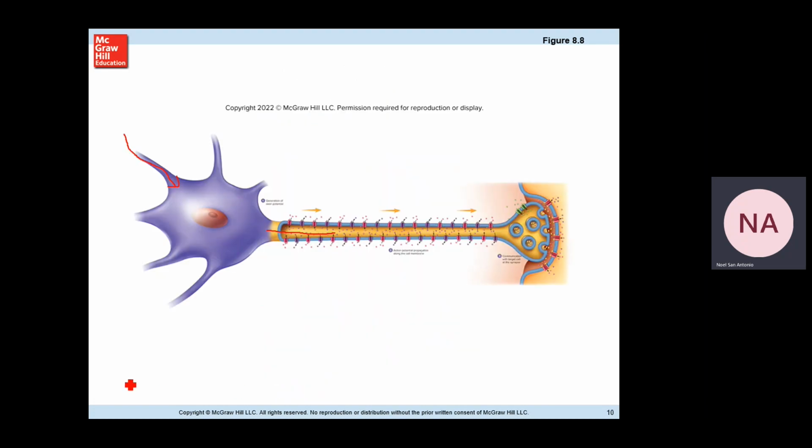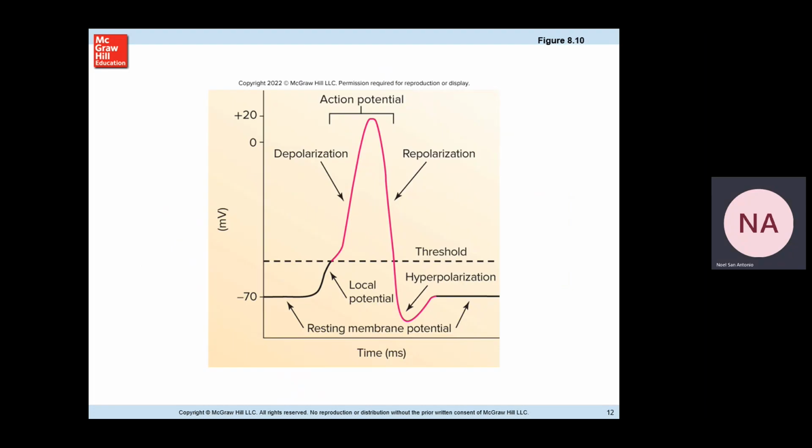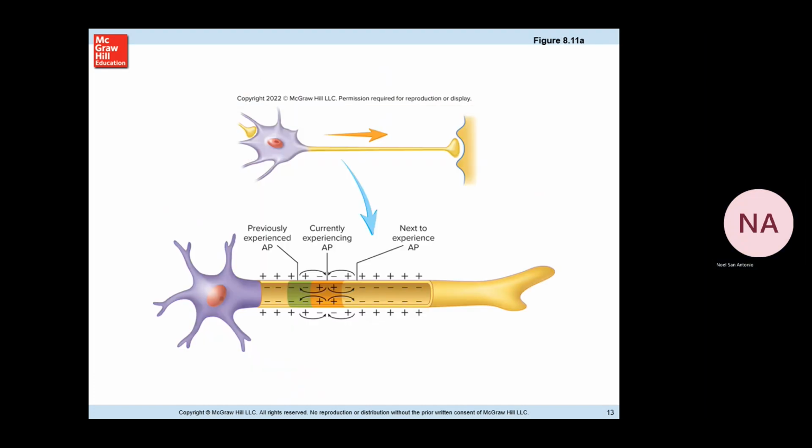And that action potential, as you can see, travels along the length of the axon until the impulse reaches its destination. Now, this is the summary of what we have just discussed: how an action potential travels along an axon.